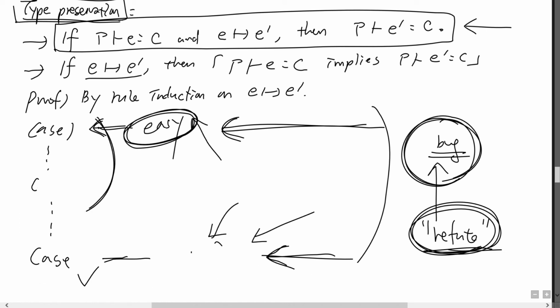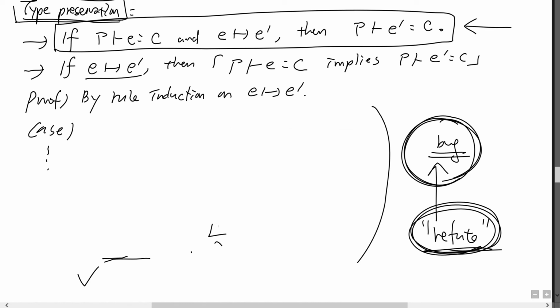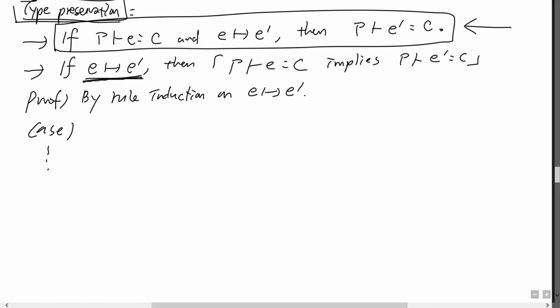Then what is the most challenging case? The most challenging case, for this reduction judgment, is the case where beta reduction is involved.